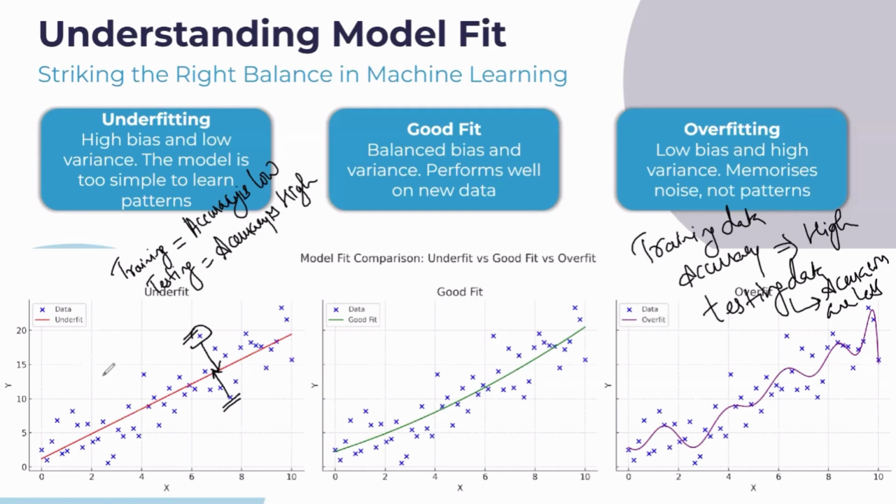So one is the visual representation of understanding underfitting and overfitting. One is understanding from the training versus testing difference. And the third way to identify overfitting and underfitting is with respect to the bias and variance trade-off, which I discussed a long time back, if you can remember.